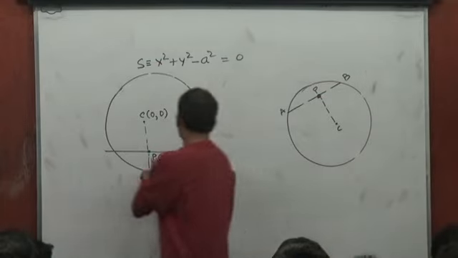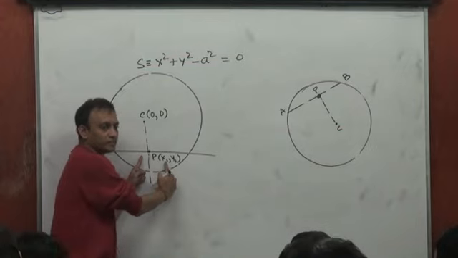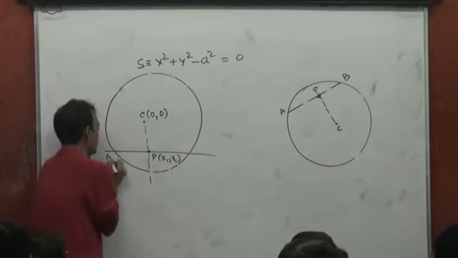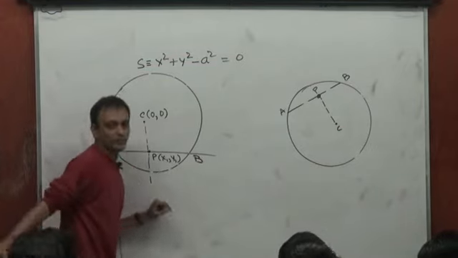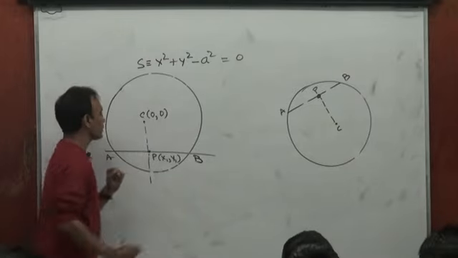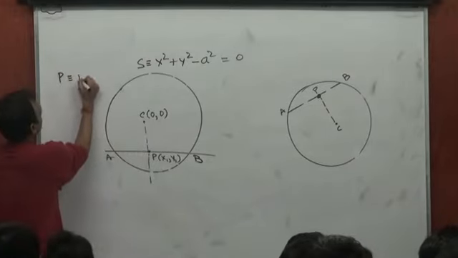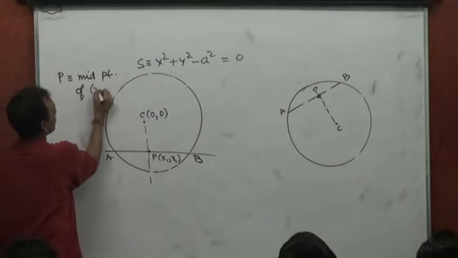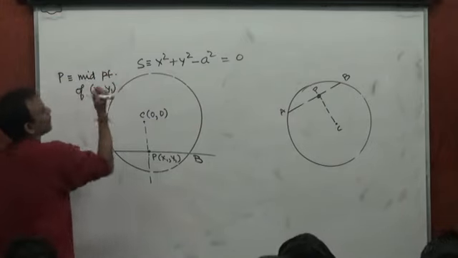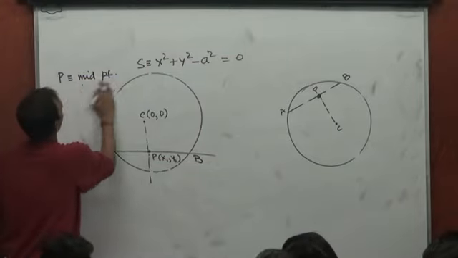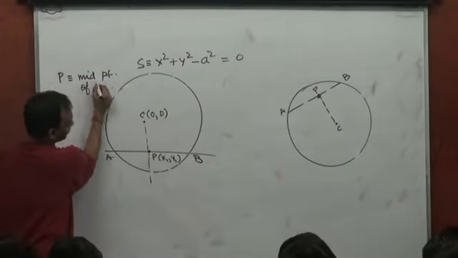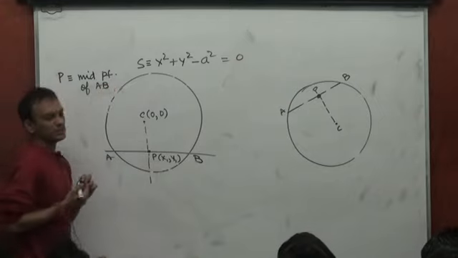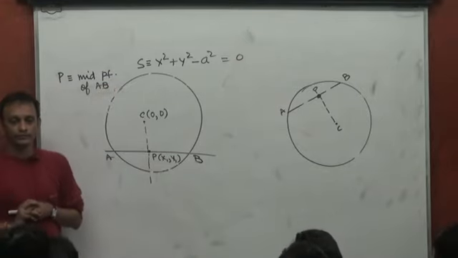Okay, so now there is just any other point inside the circle, and we draw a chord AB whose midpoint is P. P is the midpoint of AB.